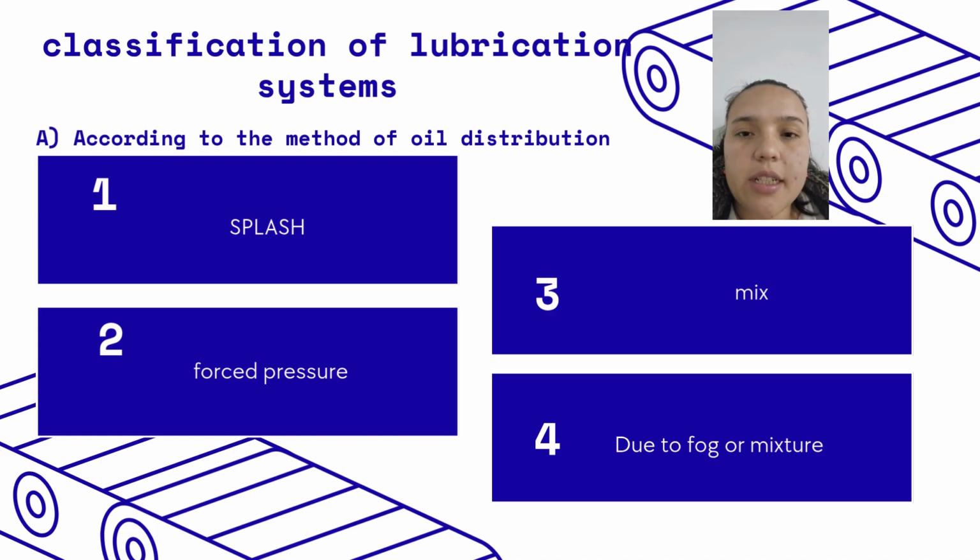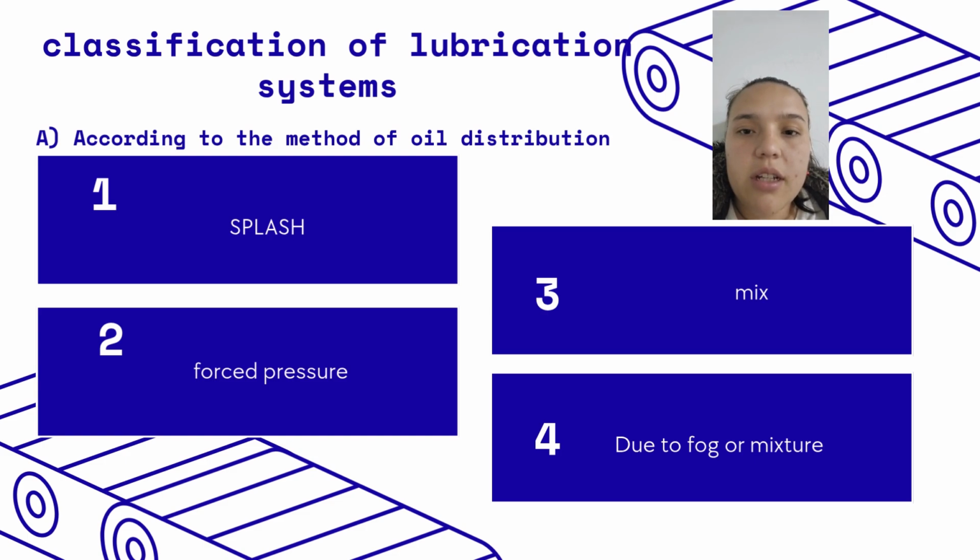The first type of distribution system is splash. In splash, the oil is distributed by the movement of parts, such as scoops attached to the connecting rods. It is simple, low cost, and used in small or older engines.